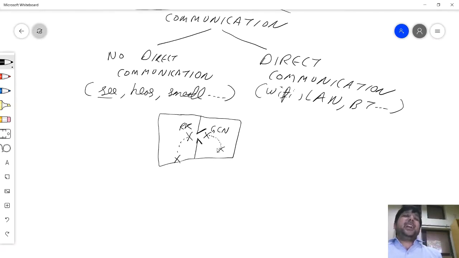Now, a lot of things could happen. The one thing which could happen is I move, he moves, and we say, oh, we both move at the same time. I step back, he steps back, we say, oh, we stepped back at the same time. So I move and he moves.